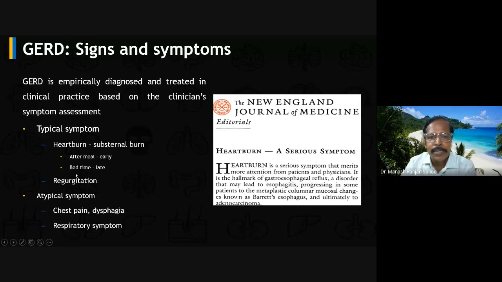So heartburn and regurgitation are the cardinal symptoms of gastroesophageal reflux disorder. Atypically, they may present with chest pain or dysphagia. Quite often they are misdiagnosed as myocardial infarction and angina, confused with a cardiac problem, but these are just the presentation of gastroesophageal reflux disorder. Sometimes they present with respiratory symptoms, cough and dyspnea.